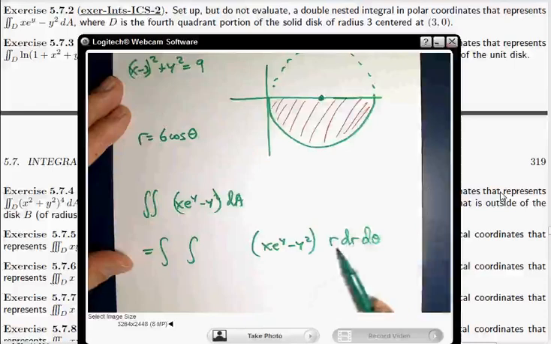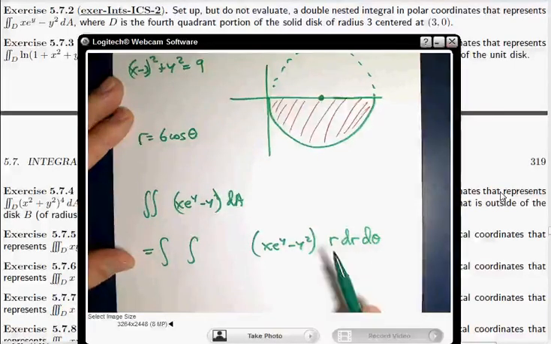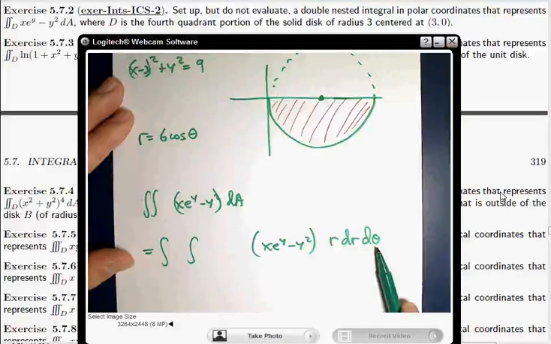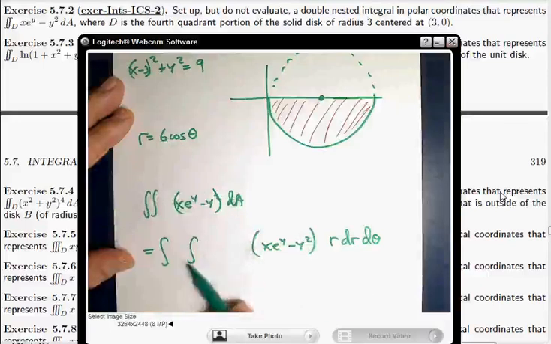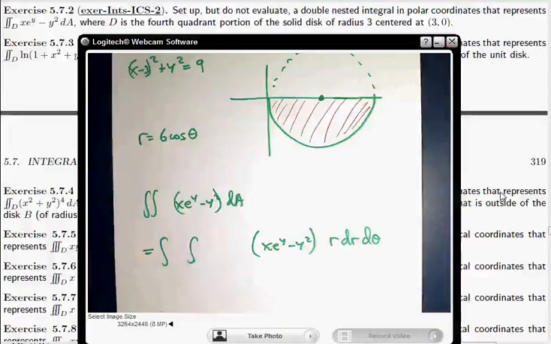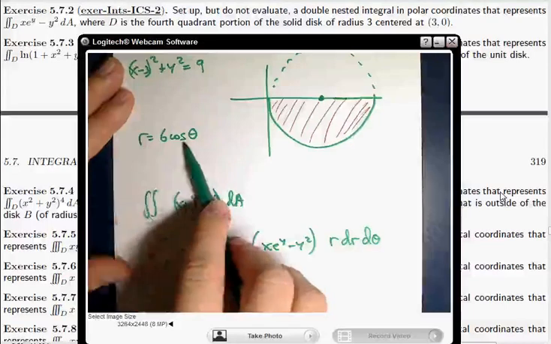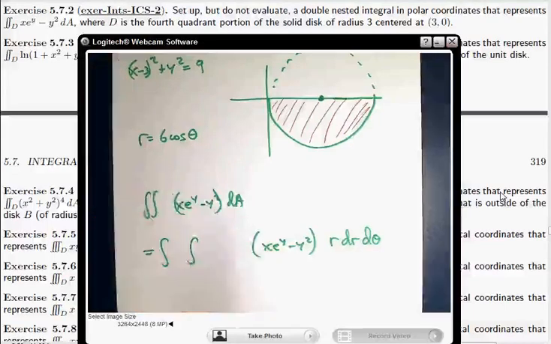Again, it's pretty much always r dθ. The r is not negotiable. You have to put the r there, but the dr is almost always on the inside of the dθ. And you can see why in this case: r is a function of θ, so I want these bounds to be a function of θ. I don't want to have to solve for θ as a function of r, because then we're dealing with inverse trig functions and nobody wants that.